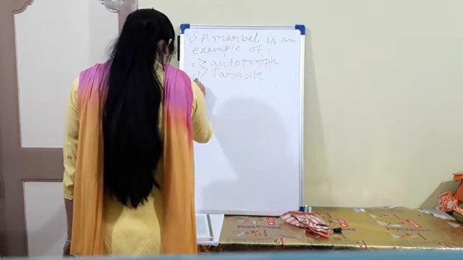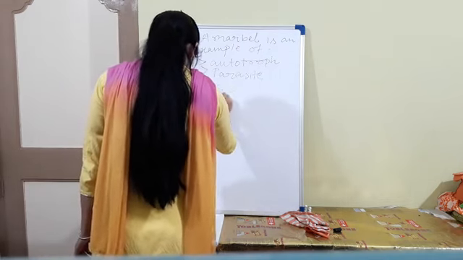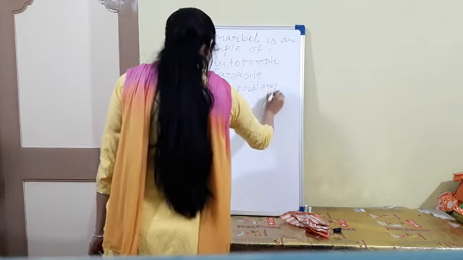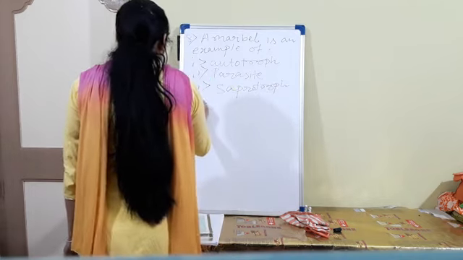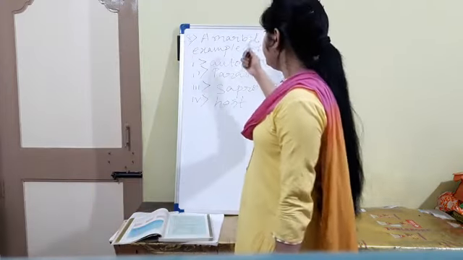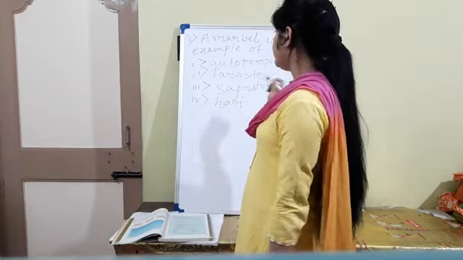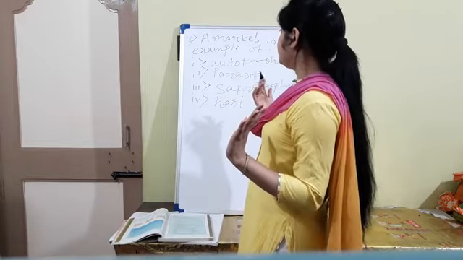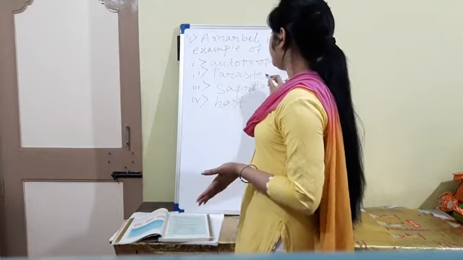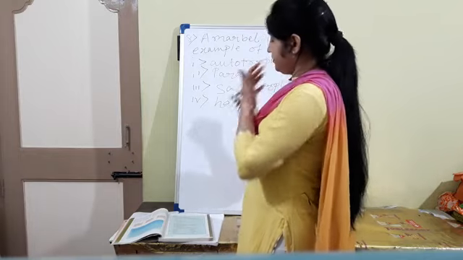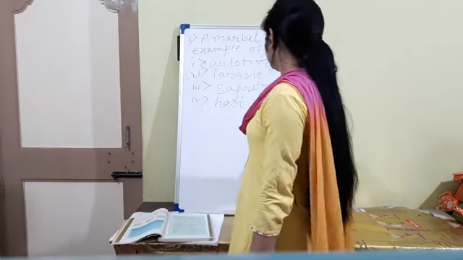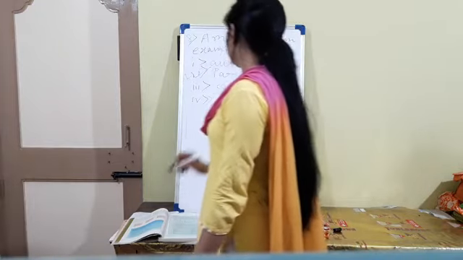Number 3, saprotroph. Number 4, host. You have already read that Amarvel is not able to do photosynthesis. They are not autotrophs. They are parasites because they depend on other plants. This is the right answer. Not saprotroph, not host. Okay.